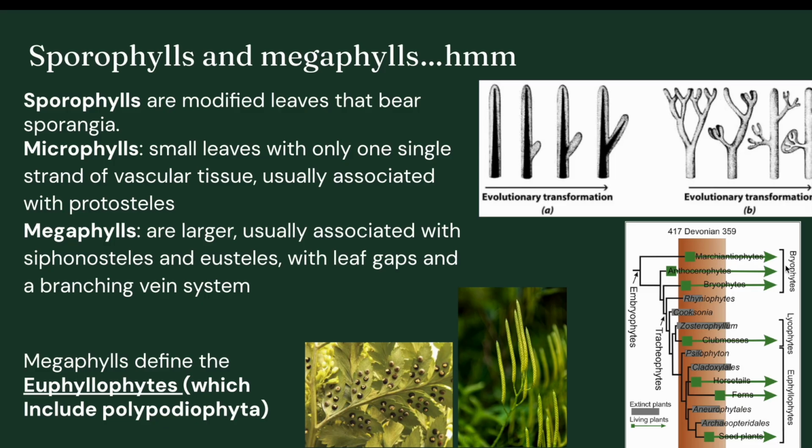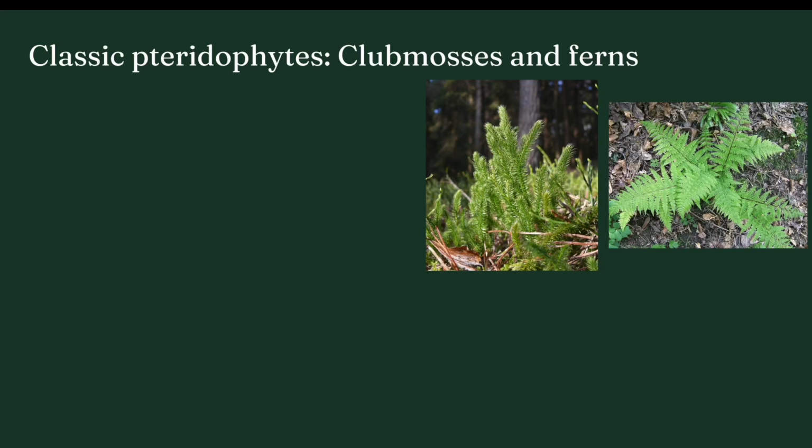There's a lot of ways to split this, and the systematics can be kind of confusing. So the classic pteridophytes that will most likely be talked about are clubmosses and ferns, more specifically leptosporangiate ferns. Here is a clubmoss and a traditional leptosporangiate fern. That's probably what you think of when someone says fern.